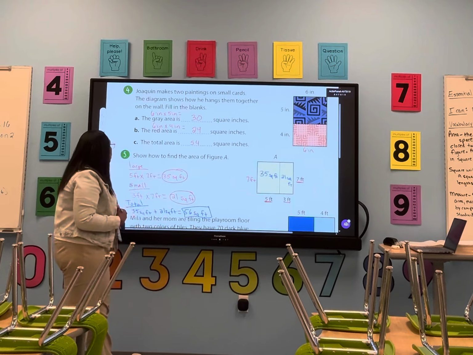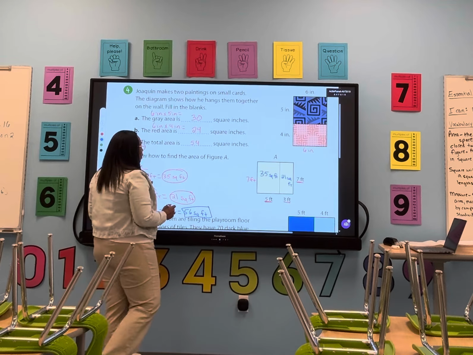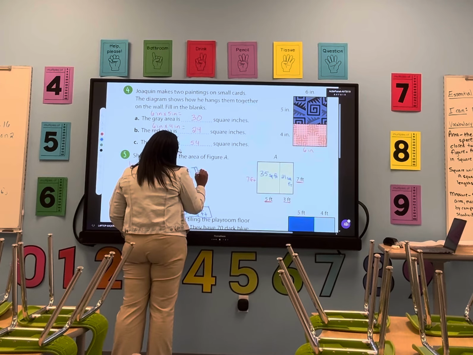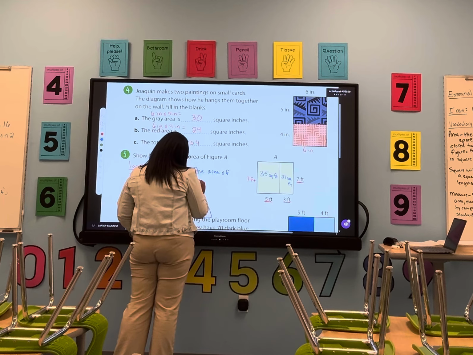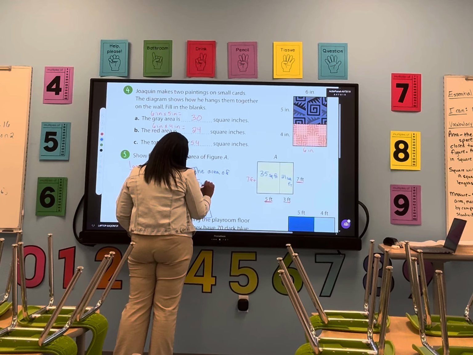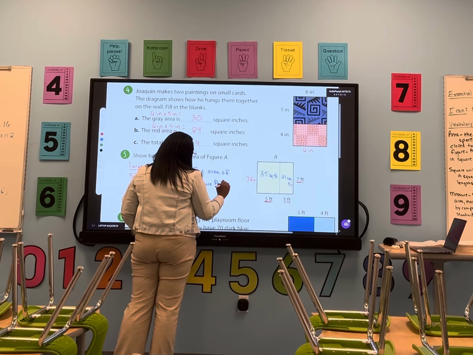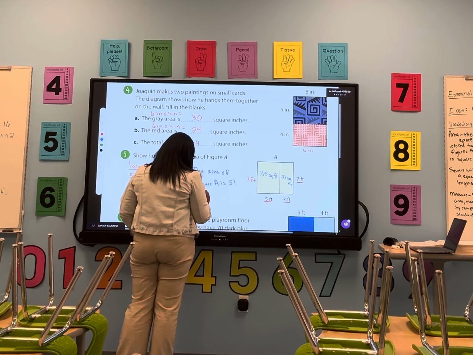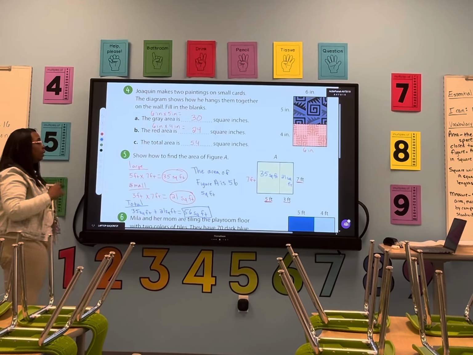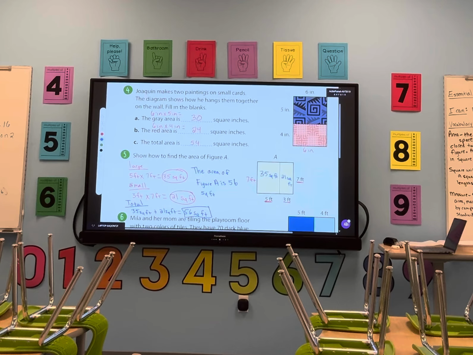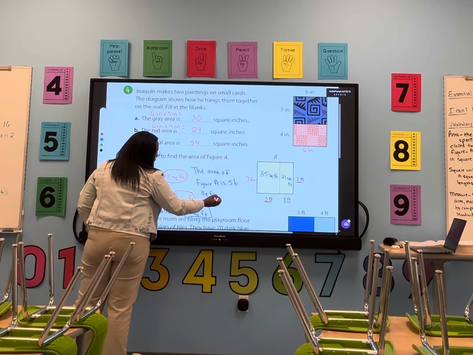So I'm just going to write the area of figure A is 56 square feet. I'm sorry. Turn it to a 6. There we go. And that is it for number 5.